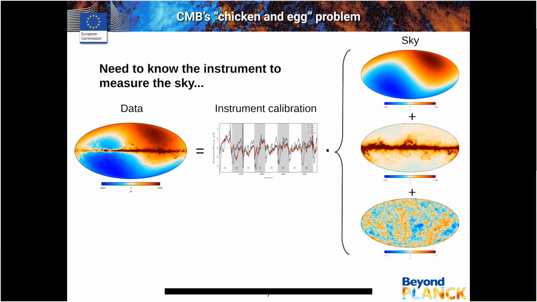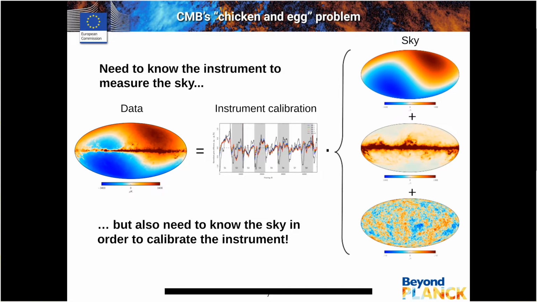But unfortunately, to know this instrument to sky signal, you of course then need to know the instrument calibration, because without knowing your gains and all of those parameters, you can't tell what amplitude and what additional noise you have in your maps of the sky.